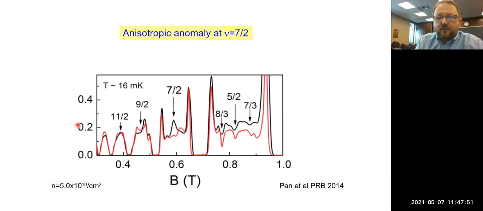Now, what about zero tilt, the purely perpendicular magnetic field? Well, this is an interesting experiment in 2014, where there was a very low density sample, 5 times 10 to the 10, and high mobility. And what they've seen, Wei Pan and Tsui, is that at filling factor 5.5, there is an incipient fractional quantum Hall state, but at filling factor 7.5, there is anisotropy.